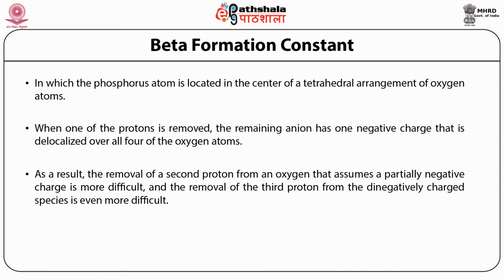You can see from the K values that the removal of protons is becoming more and more difficult. This is clear from the successive dissociation constants: K1 is in the range of 10 raised to power minus 3, K2 is 10 raised to power minus 8, and K3 is around 10 raised to power minus 13.